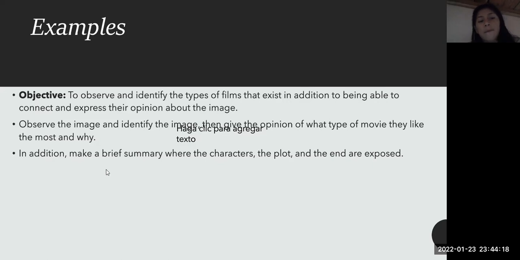In addition, make a brief summary where the characters, the plot, and then the ending are exposed.